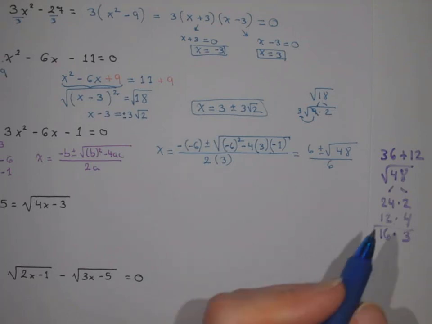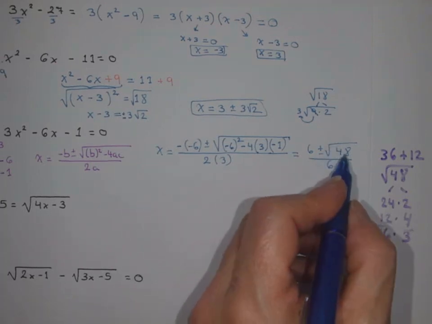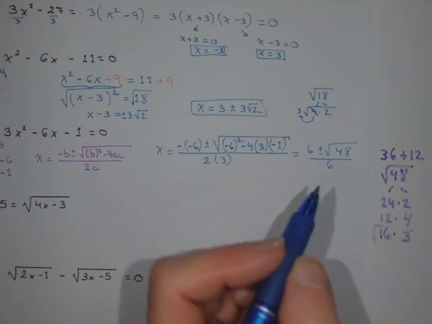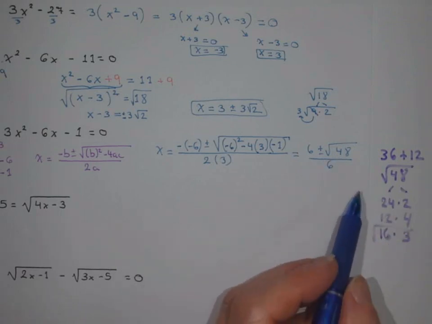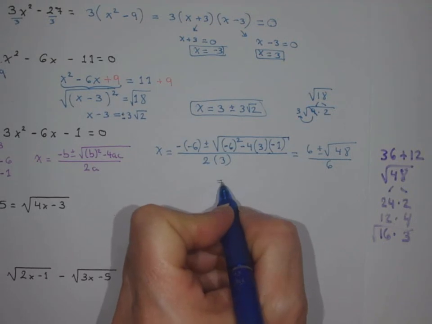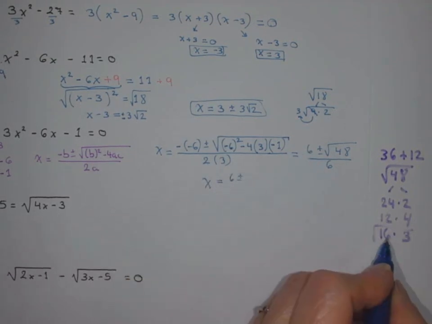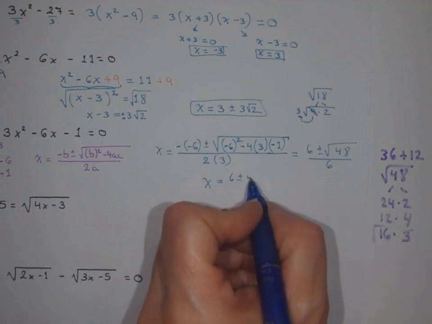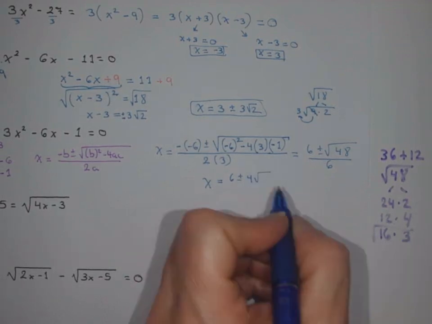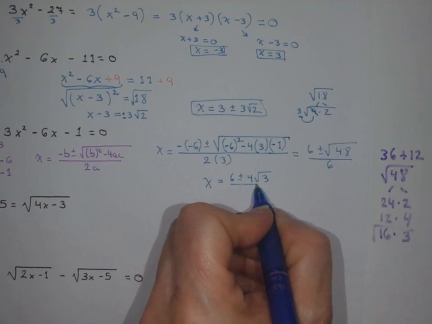So we're going to say, okay, 48 is the same thing as 16 times 3. 16 comes out of the root as a 4, so this becomes x equals 6 plus or minus square root of 16 is 4, and then the 3 has to stay in the square root, all of that over 6.